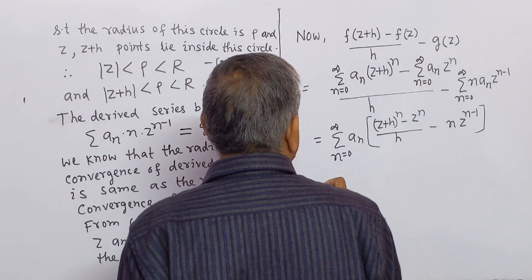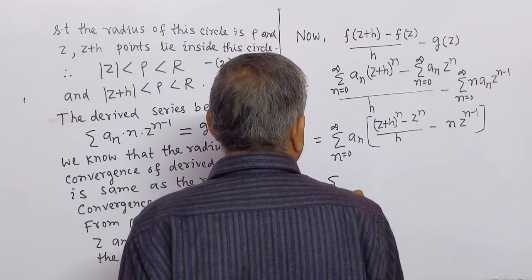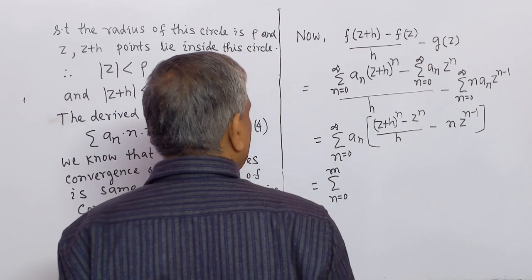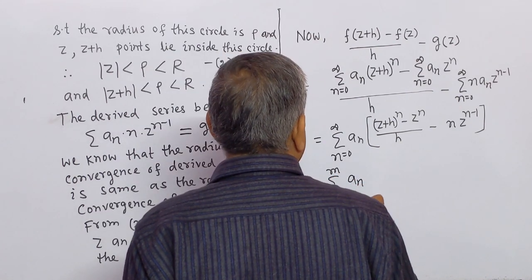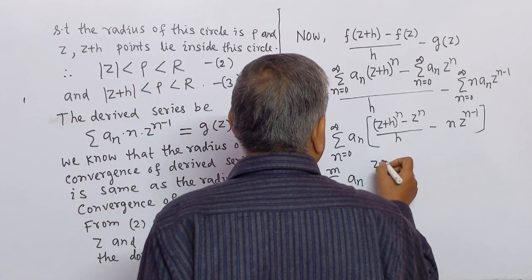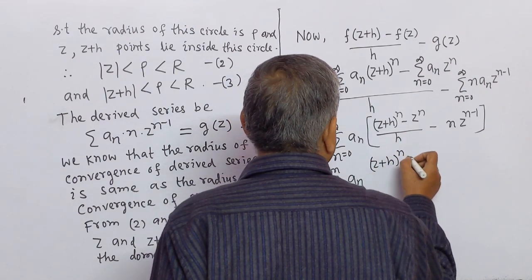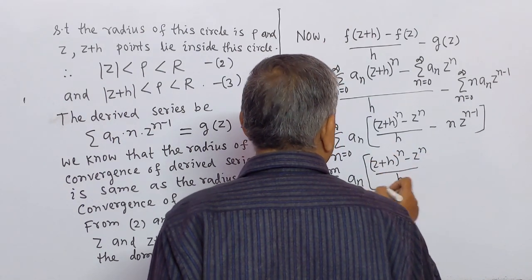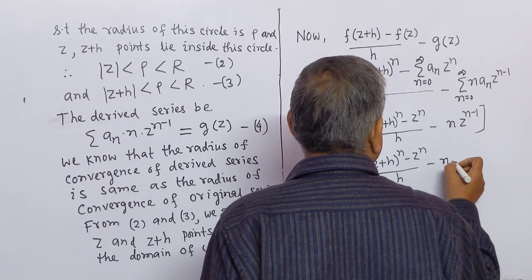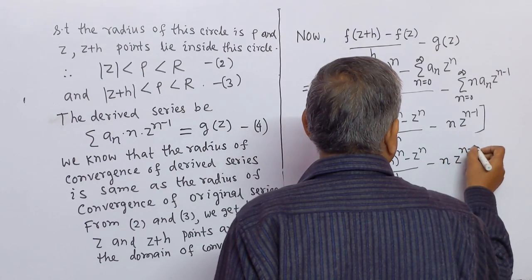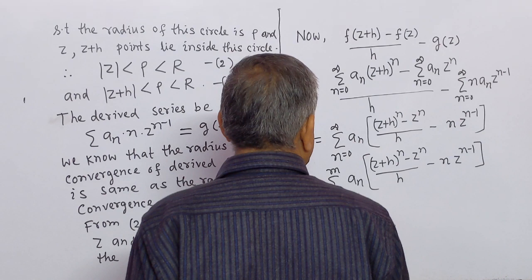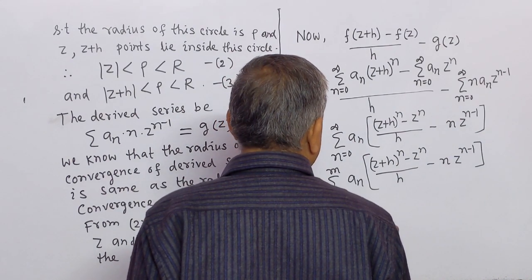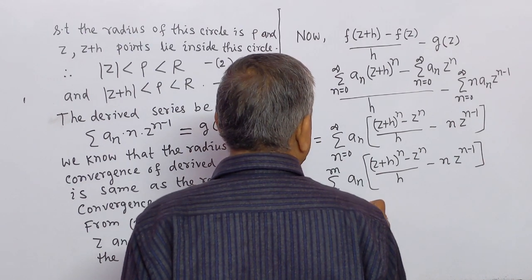We may write this as sigma n equal to 0 to m, m is a positive number, a_n ((z plus h) to the power n minus z to the power n) by h minus n z to the power n minus 1, plus sigma n equal to m plus 1 to infinity.